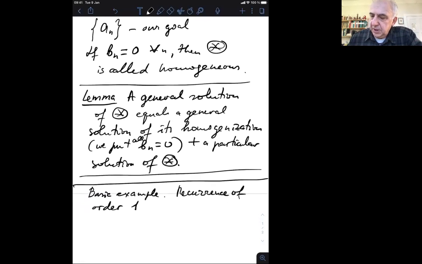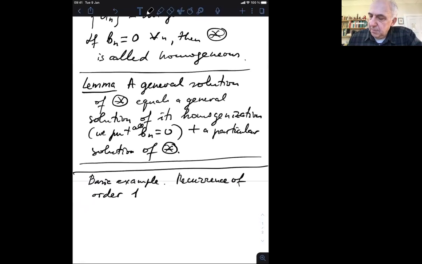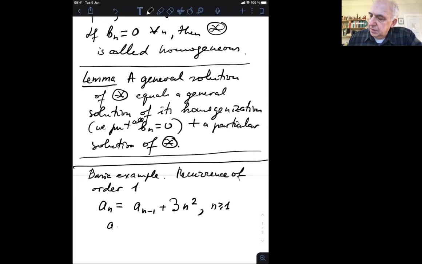But we'll be working on a specific example: a_n equals a_{n-1} plus 3n squared. This works for n bigger or equal than 1, and we start with a_0 equal to 7. This would be our starting value.